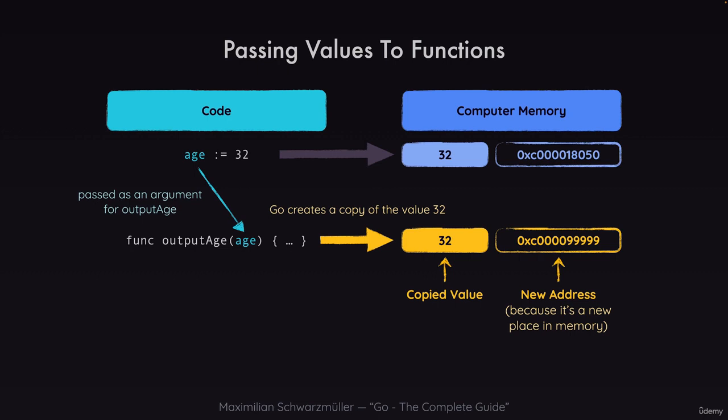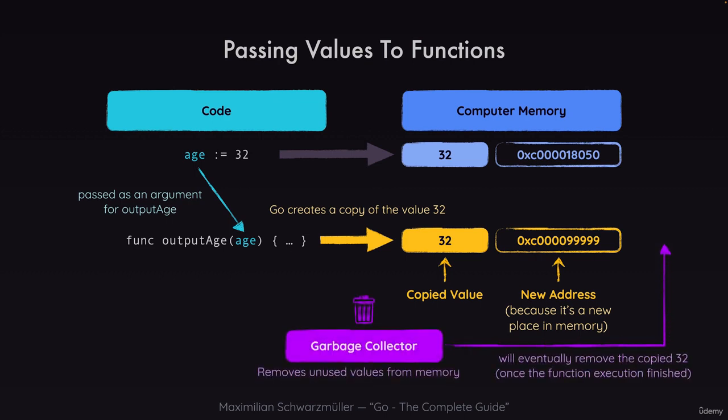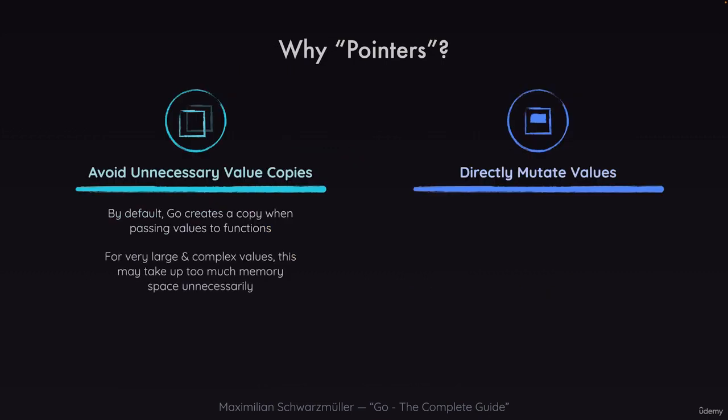So at least for a certain period of time, until the function execution is done and the copied value is eventually cleaned up by Go's garbage collector, a process that runs in the background automatically and gets rid of unused values, you have the same value twice in memory. And for very large and complex values, that could be a problem in certain applications because, since you have the same value twice, you're of course taking up twice as much space.